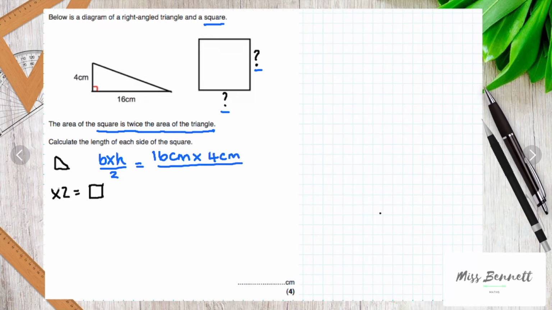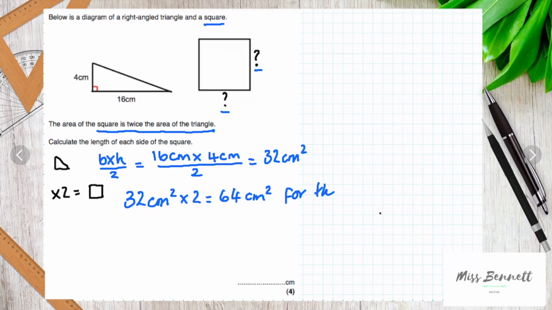And then we're going to divide this by 2. 16 multiplied by 4 is 64. And half of 64 is 32 centimetres squared. That's for the triangle. 32 centimetres squared multiplied by 2 gives us 64 centimetres squared for the area of the square.